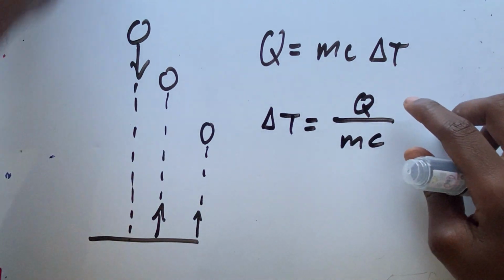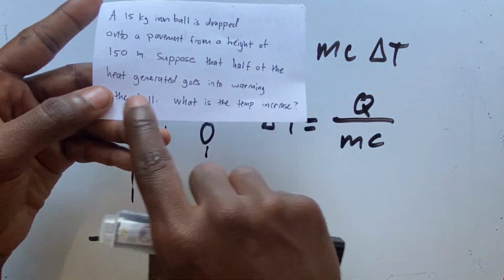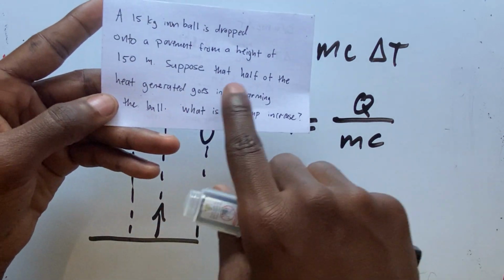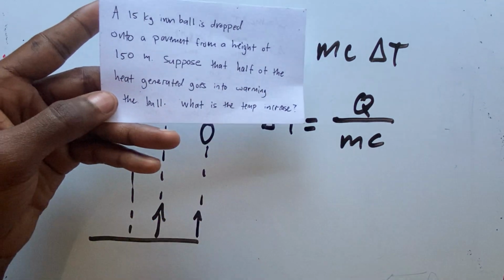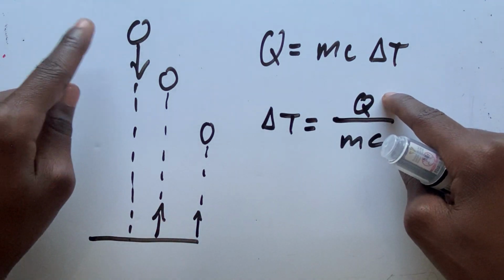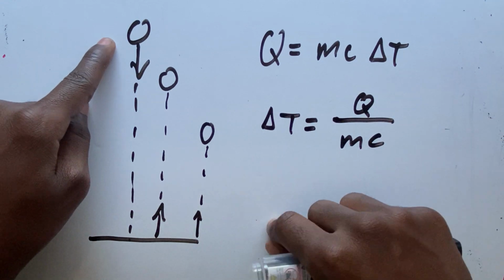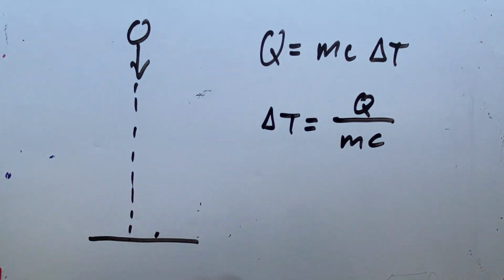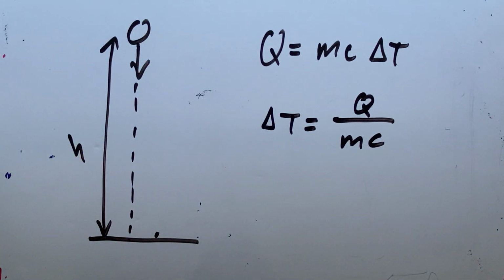And so the question says, suppose half of the heat generated goes into warming the ball. So another way we can look at this, we could say half of the energy generated goes into warming the ball. So half of the energy generated from the ball being dropped up here goes into heating it up. Well, how much energy does the ball have when it's dropped from this height H?